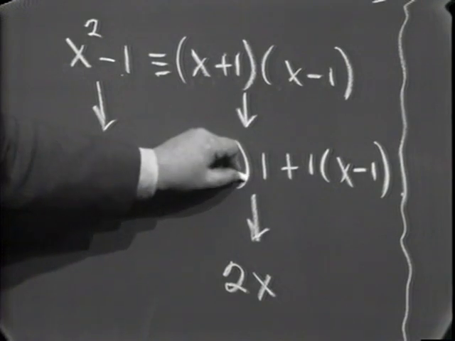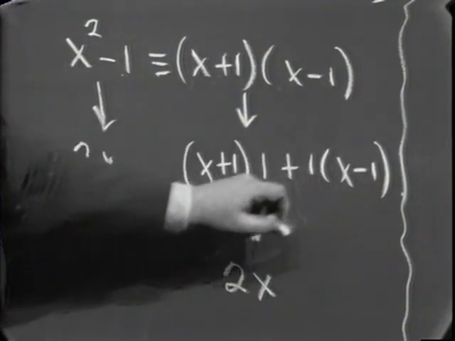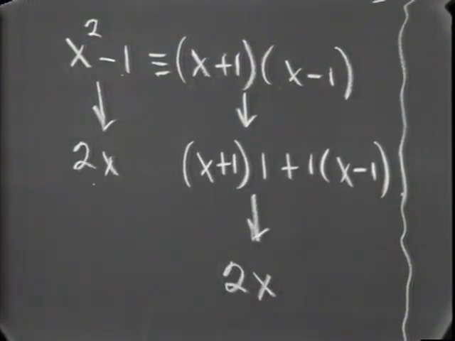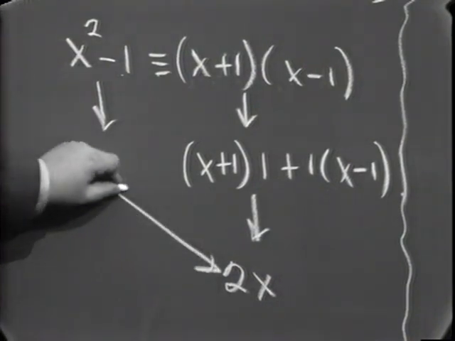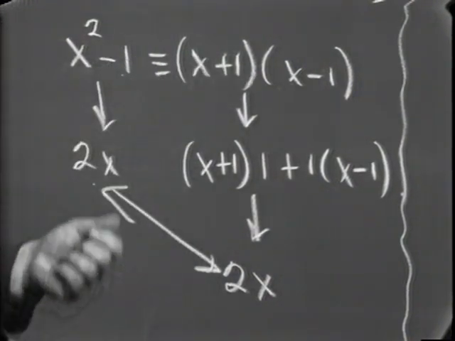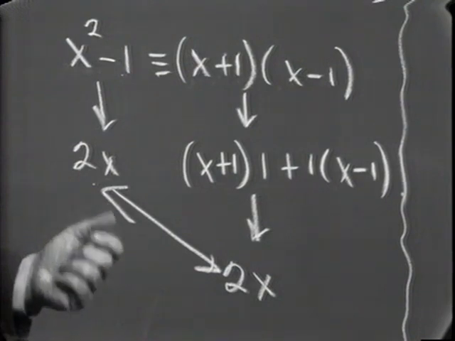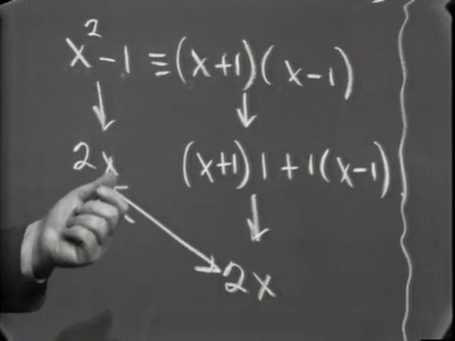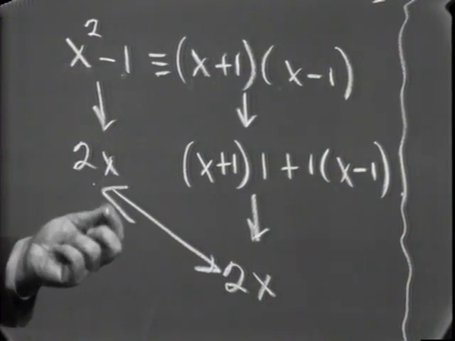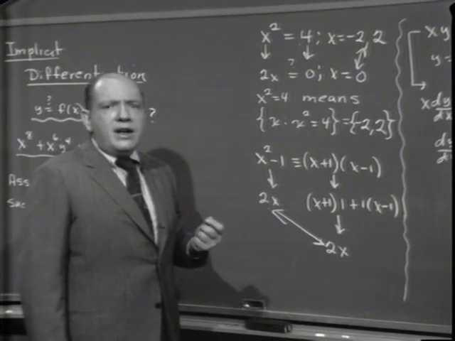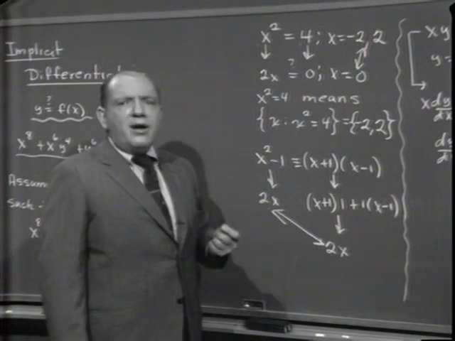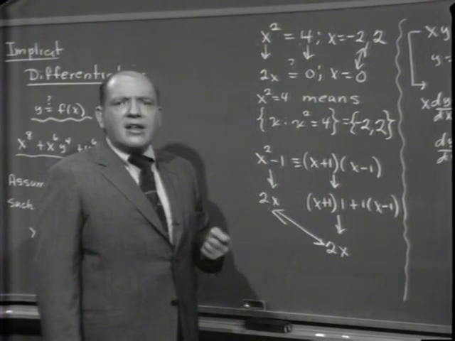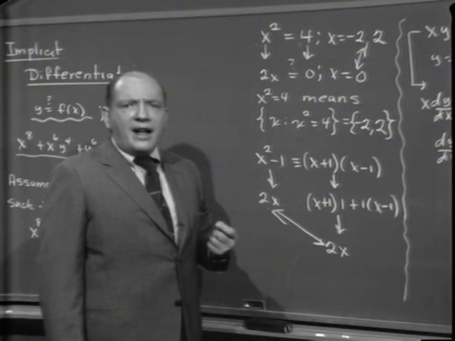That's what? x plus 1 plus x minus 1, and that comes out to be 2x. In other words, since these two expressions were just two different names for the same thing, the derivative of one of the expressions must equal the derivative of the other, because it's still the same function that you're differentiating. And this is what we mean when we say, let's assume that y is that function of x that makes the resulting equation an identity.